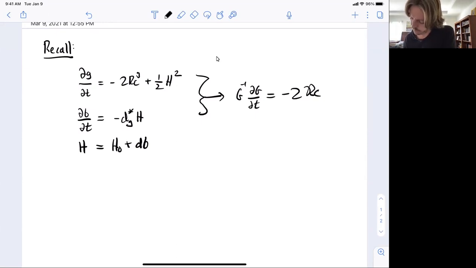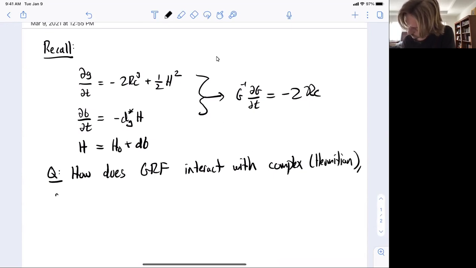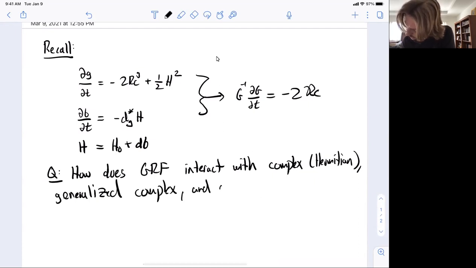So the question now is, how does generalized Ricci flow interact with complex or Hermitian or generalized complex and generalized Kähler geometry?